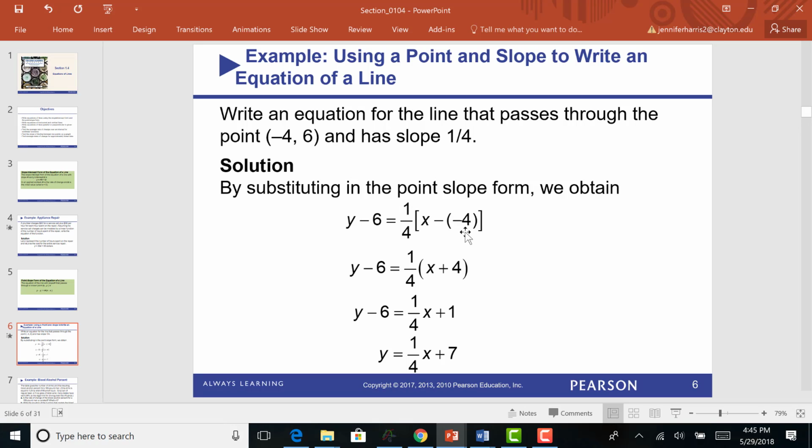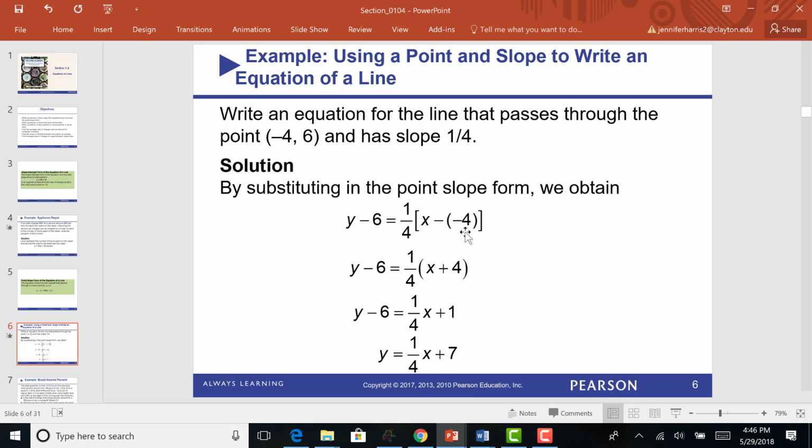Now we're going to distribute 1/4 to everything inside the parentheses, which becomes what? 1/4 x plus 1/4 times 4. That step is not there. How do I do the math for a fraction times a whole number? I can put a 1 underneath this, right here.